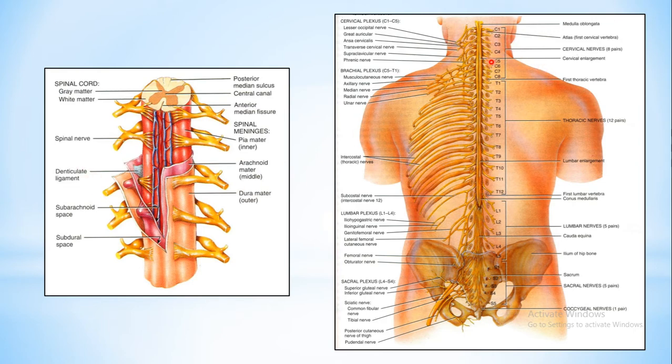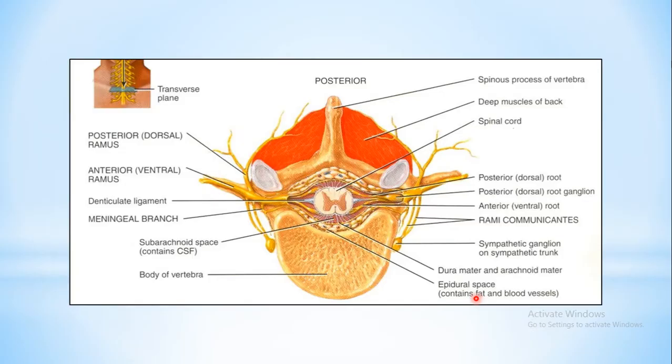If you can see over here, these are the cervical nerves, these are the thoracic nerves, these are the lumbar ones and these are the sacral ones. Here this is a picture of the transverse section of your spinal cord. So this is your spinal cord, and from here your nerves are originating.